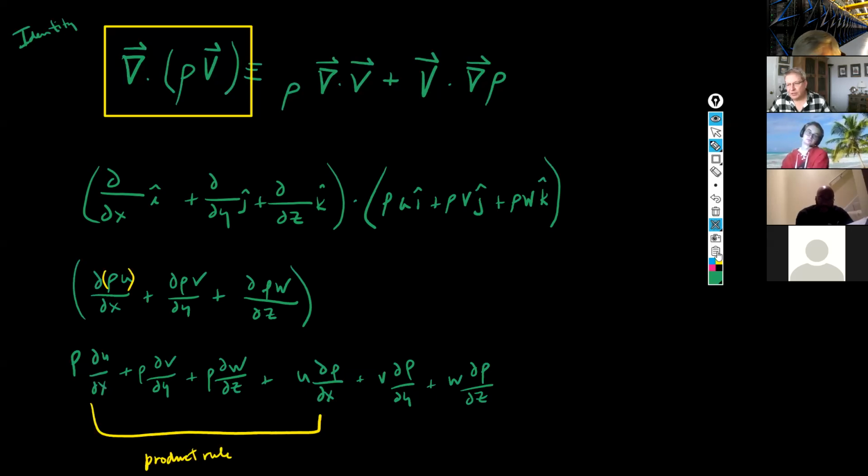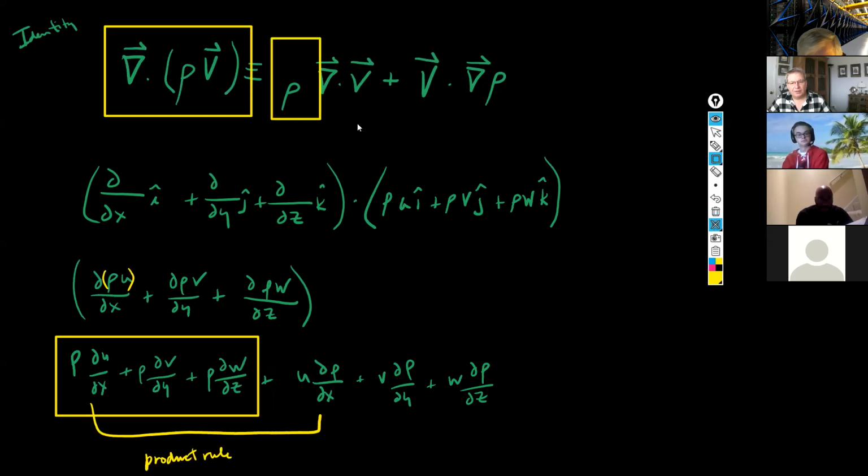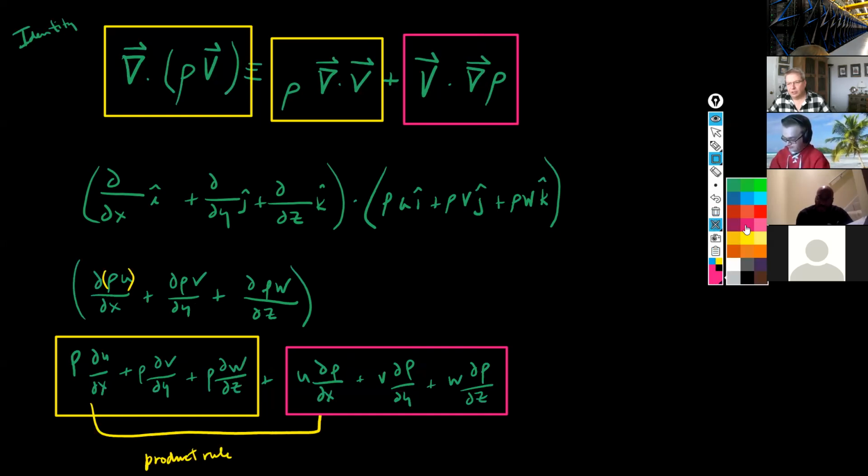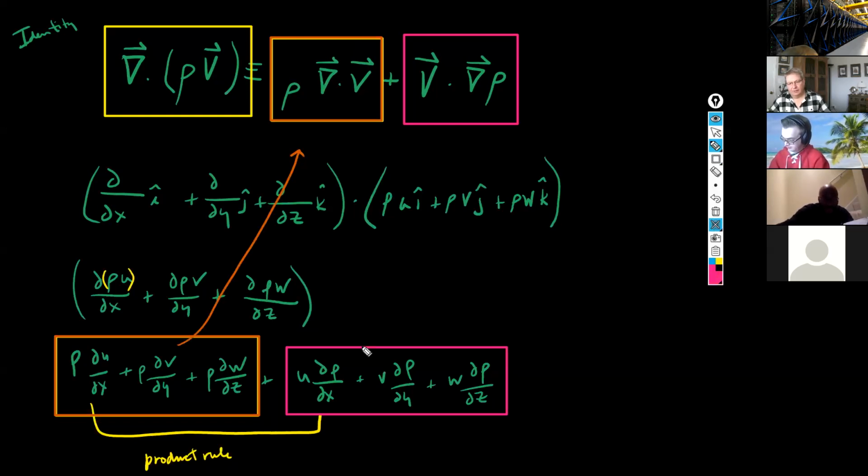So in other words, this is this, and this is this. I probably could have done it better if it was maybe orange. You get the idea? That's that. That's that. Make sense?